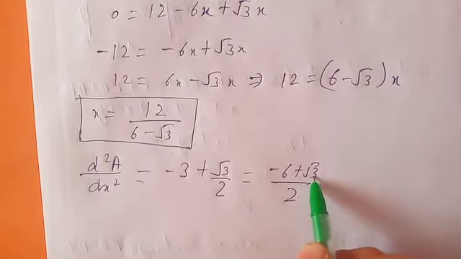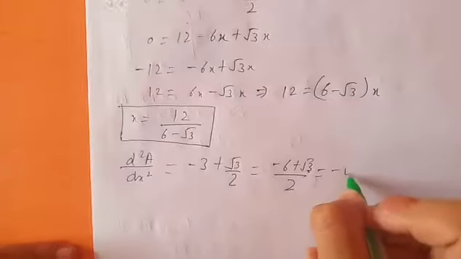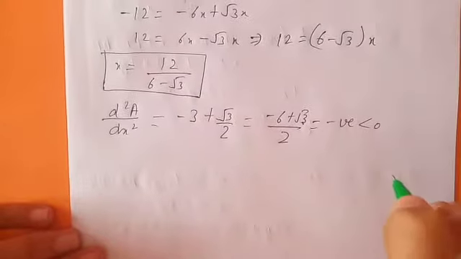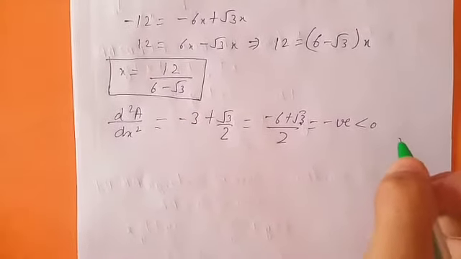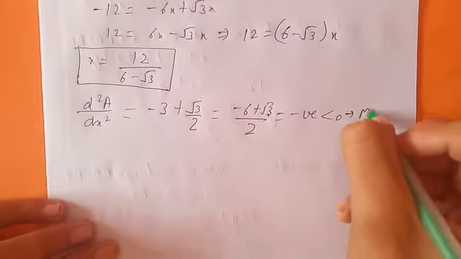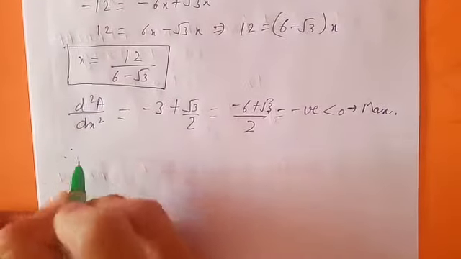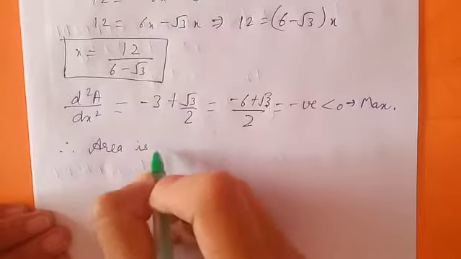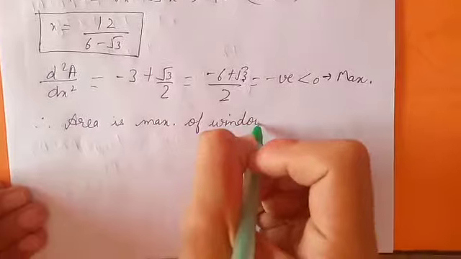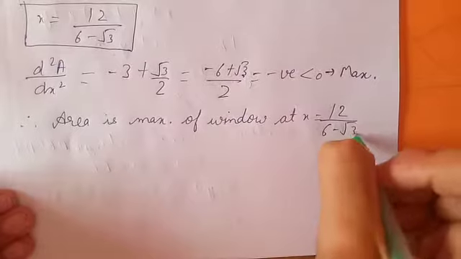The value of root 3 is around 1.732. That means we will get a negative value. Negative value means less than 0, and if we have a value less than 0 at the double derivative of our required value, then we have a point of maximum there. So means area of the window is maximum at x equal to 12 by (6 minus root 3).